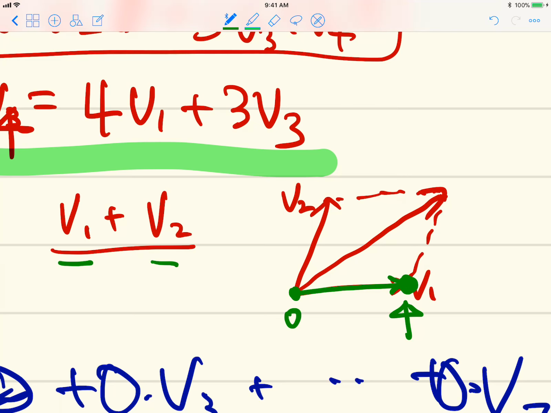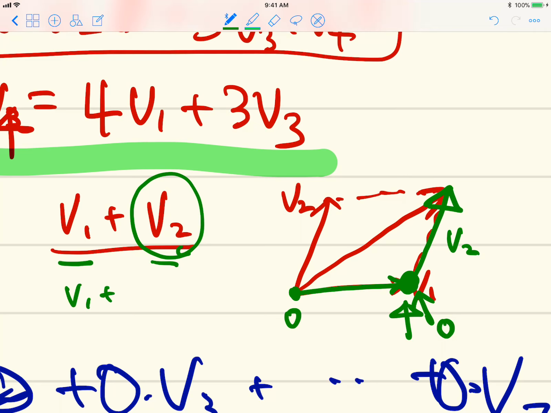Then we set this as the new origin and move to a new point by following the second vector, v2. So this is another simple way of understanding vector addition.